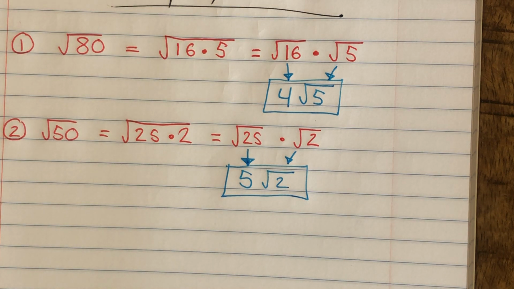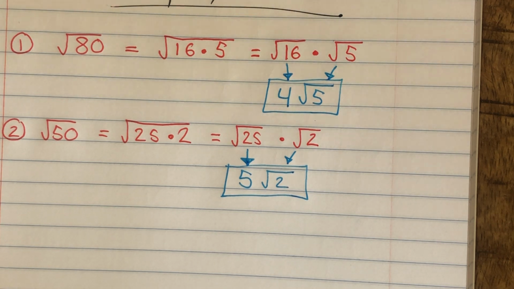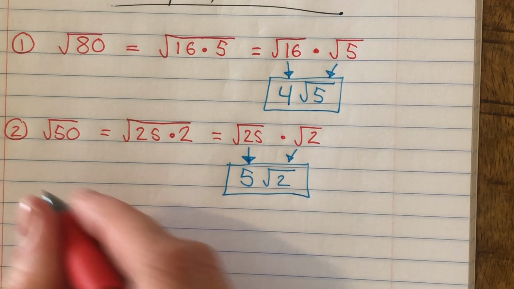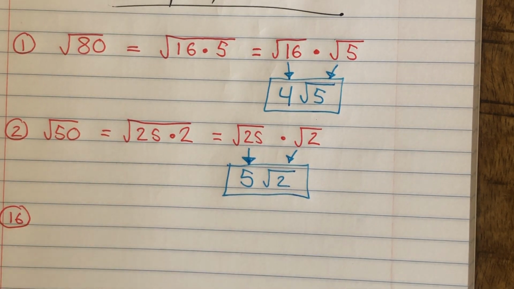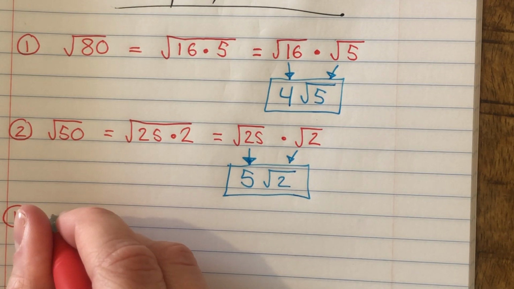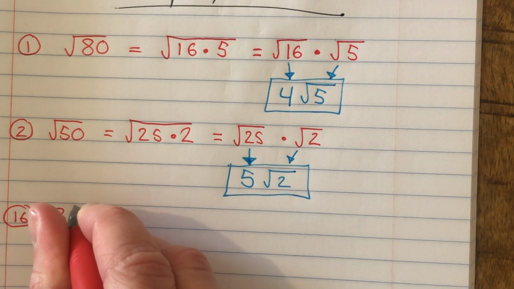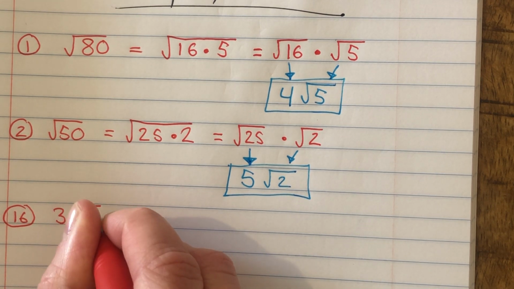When you get down to numbers 16 through 20, you can see some that get a little bit more challenging. So I want to discuss how we solve for these. We're going to start with number 16, because that will be probably a challenging one for some of us. On your worksheet, number 16 says simplify 3 root 16.